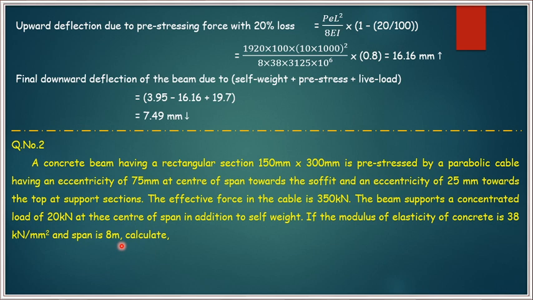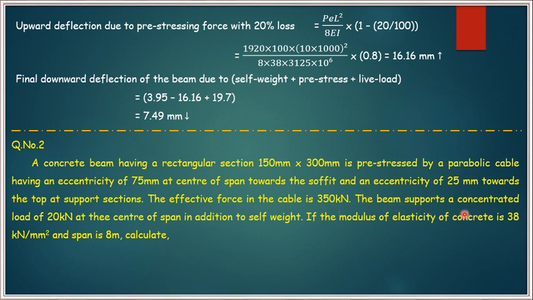If the modulus of elasticity of concrete is 38 kilonewton per mm square and span is 8 meter. So in the question it is given the breadth and depth, then eccentricity at midspan 75 mm, at support above the neutral axis 25 mm, and the effective force in the cable is 350 kilonewton.